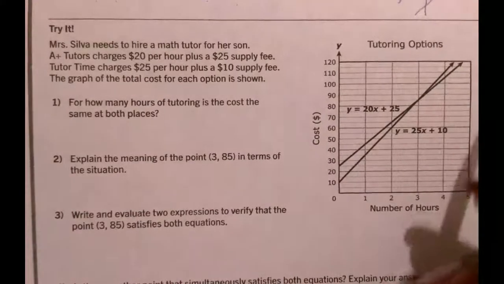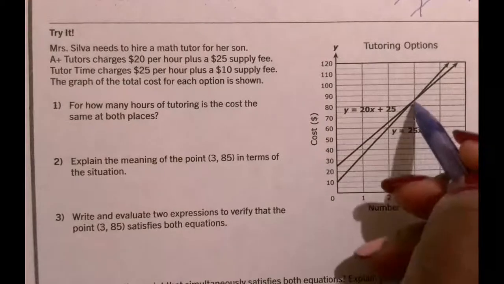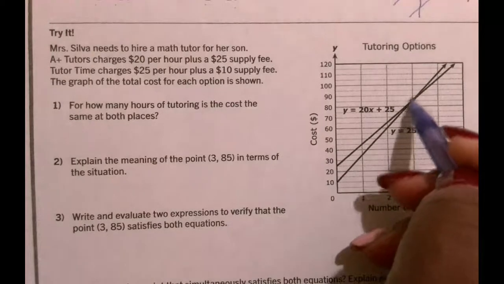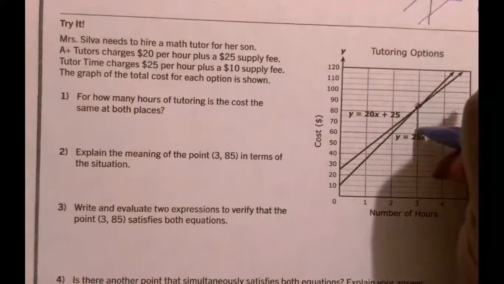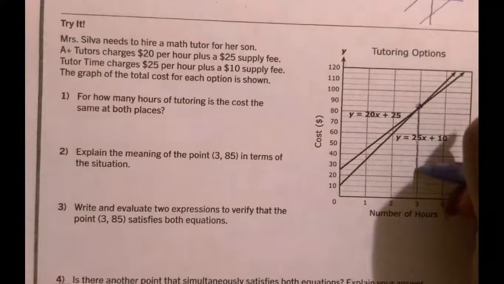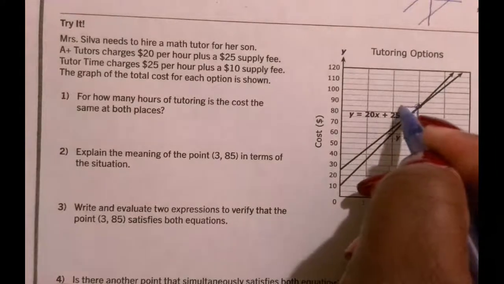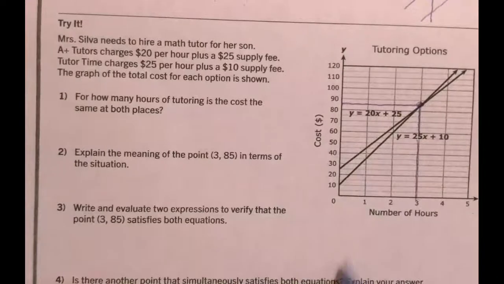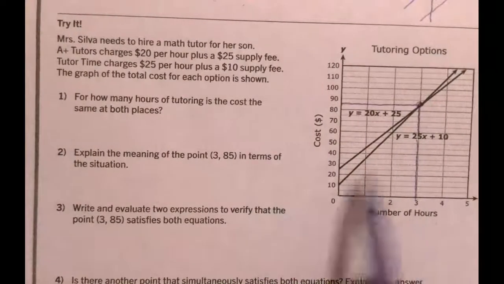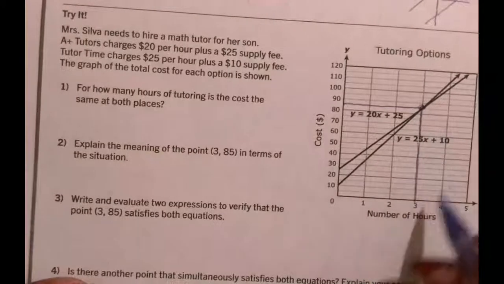Again, first thing we do is find where they intersect. They intersect here. Then I have to draw a line to the x-axis and draw a line to the y-axis. You notice this graph does not have any negatives shown. It's just the first quadrant. Now I have to identify what is my x.